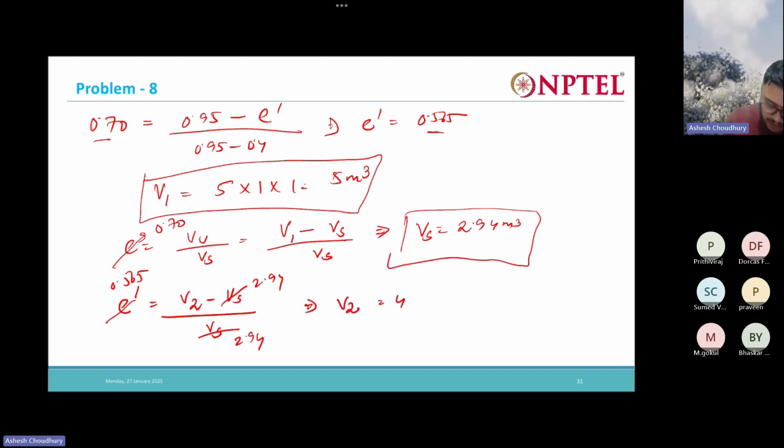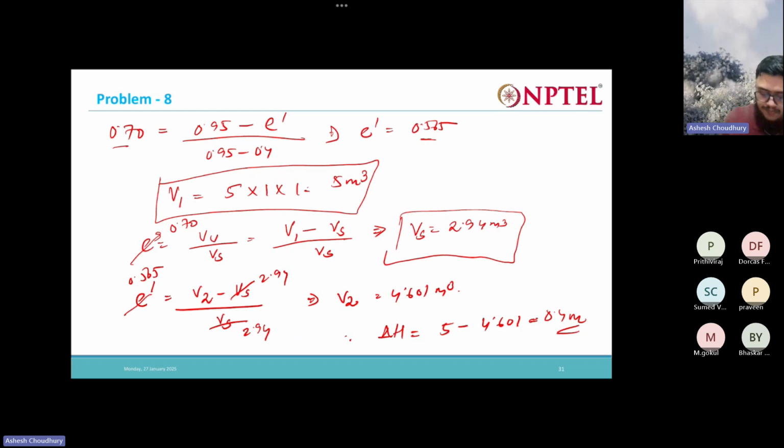V2 is 4.601 meter cube. Therefore, the reduction in the thickness is 5 minus 4.601, nothing but 0.4 meters. So approximately 0.4 meter thickness is reducing when you densify the soil from 40% to 70%.